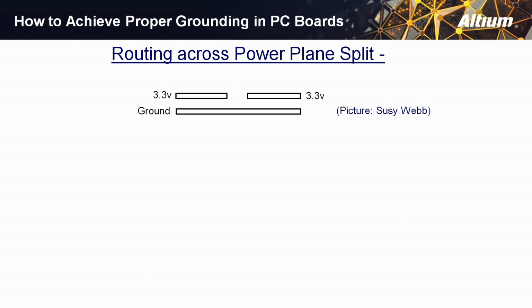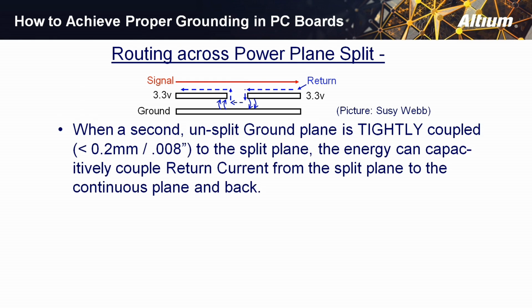Now, when you do that, if you have power and ground close together, can you route a signal across that split power, assuming, one, it's the power that generated the signal, and two, that it's the same power on both sides, which is, of course, what we were just discussing. Can you do this? Well, the answer is yes, if the power and ground planes are within a very tight space, about 8 mils, about 0.2 millimeters.